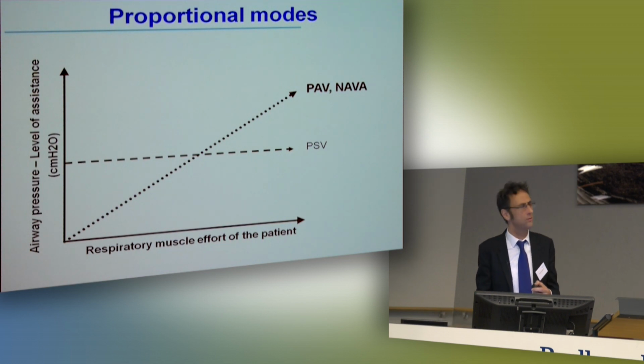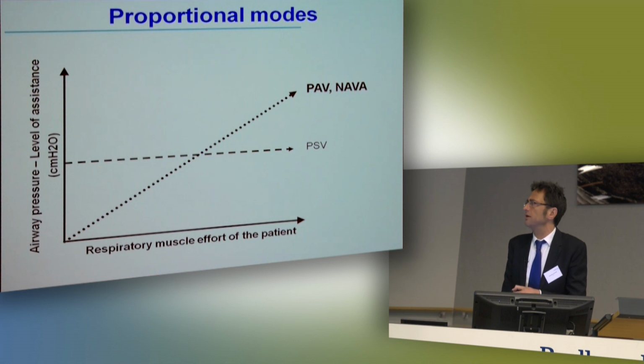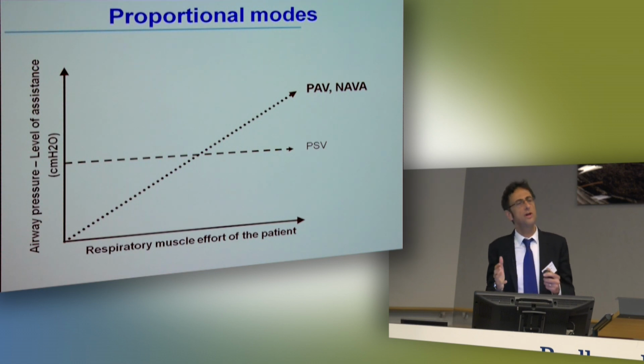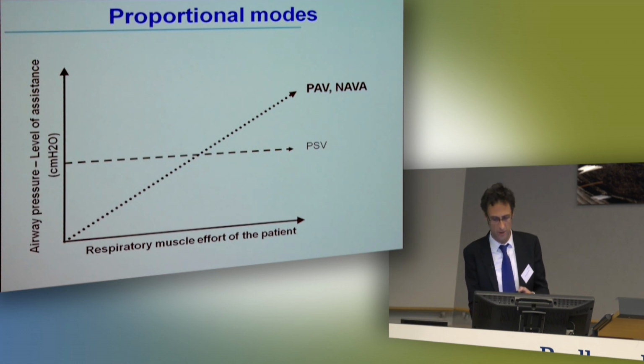But if he doesn't develop a strong inspiratory effort, he will receive a low level of assistance. So there is a constant adjustment of the level of assistance to the intensity of the inspiratory efforts of the patient.